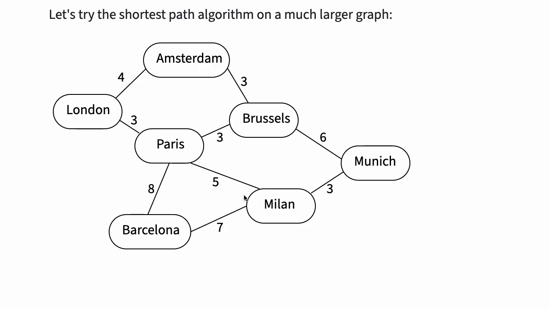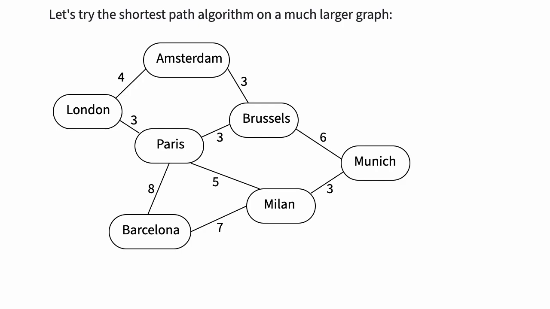The distance to Milan via Paris is 3 plus 5, which is 8. Milan is new, so we add it to the tree. The distance to Barcelona via Paris is 3 plus 8, which is 11. Barcelona is also new, so we add it to the tree.